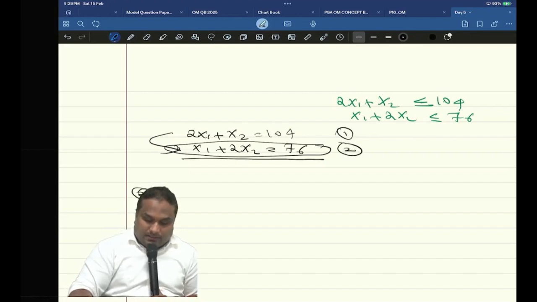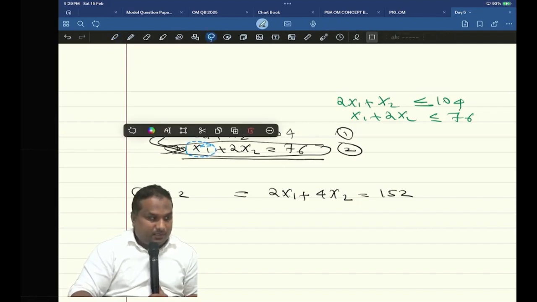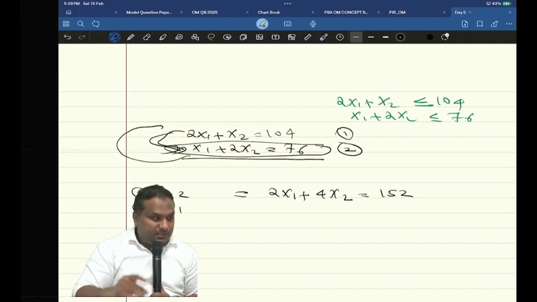Multiplying the second equation by 2: 2x1 plus 4x2 equal to 2 into 76, which is 152. Next, the first equation, where the x1 value is 1, you multiply by 1.